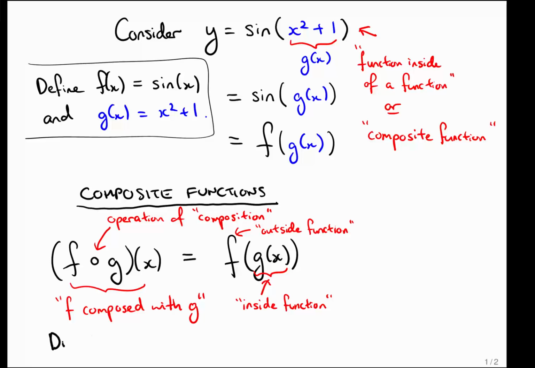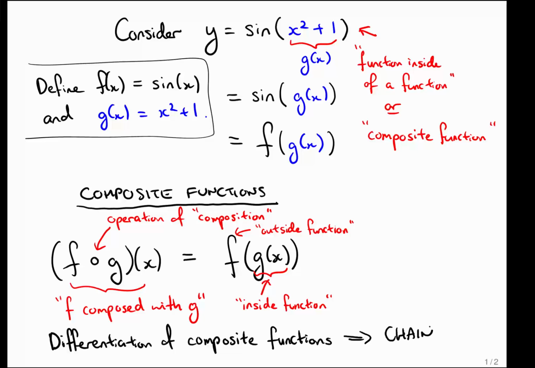Let's now learn how to differentiate composite functions. This is done using something called the chain rule. To be able to use the chain rule, it's crucial that you're able to correctly identify the inside function of a composite function.